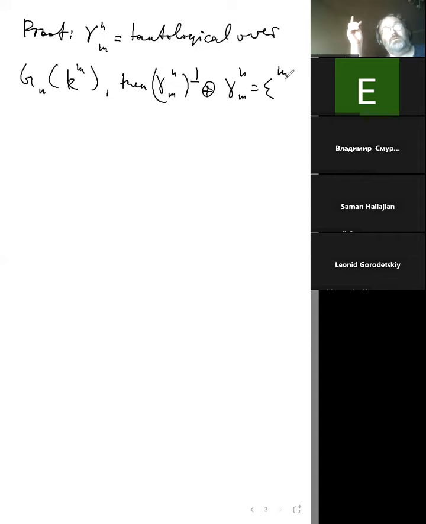Basically, the tautological bundle plus the orthogonal complement with respect to some Euclidean or Hermitian metric is the trivial bundle of rank m, where m is the dimension of the vector space, the Grassmannian of which we take. Does this make any sense?